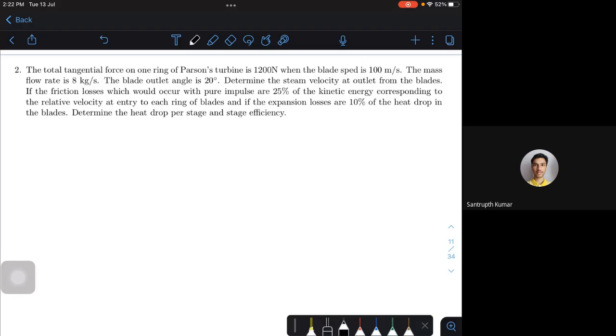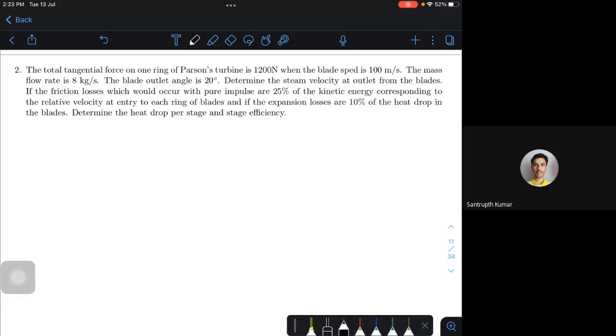The mass flow rate is 8 kg per second. The blade outlet angle is 20 degrees. Determine the steam velocity at outlet from the blades, if the friction losses which would occur with a pure impulse are 25% of the kinetic energy.